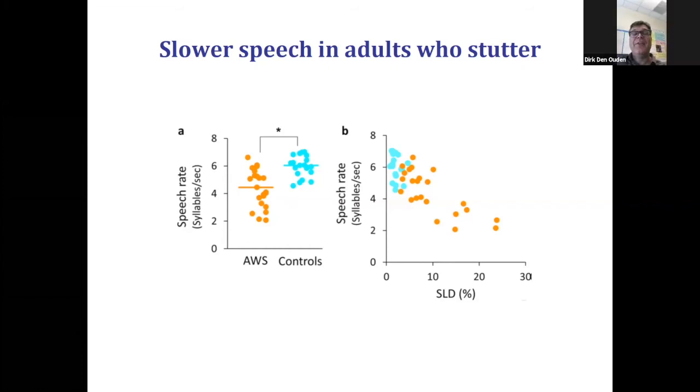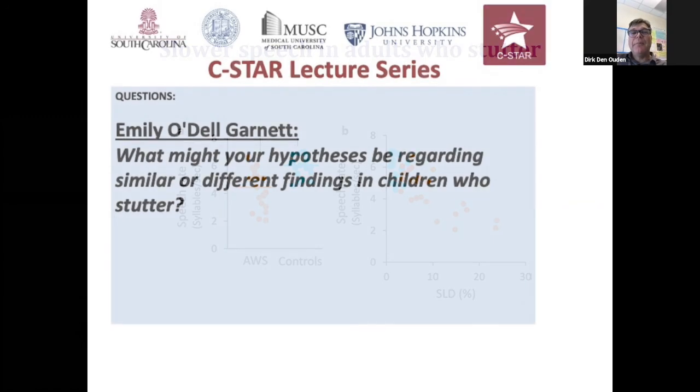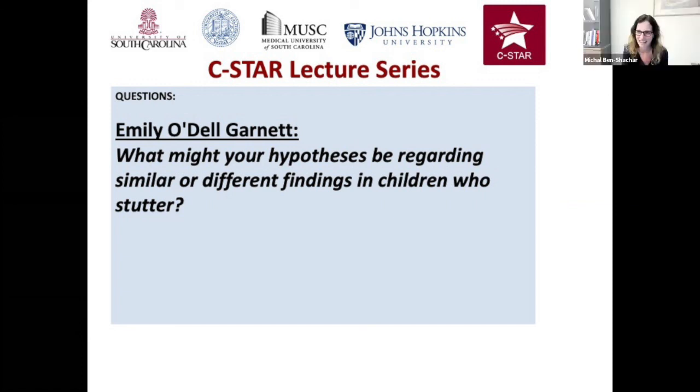On the age differences between your samples, the next question is highly relevant, from Emily Garnett. What might your hypothesis be regarding similar or different findings in children who stutter? Oh, okay. Excellent question.